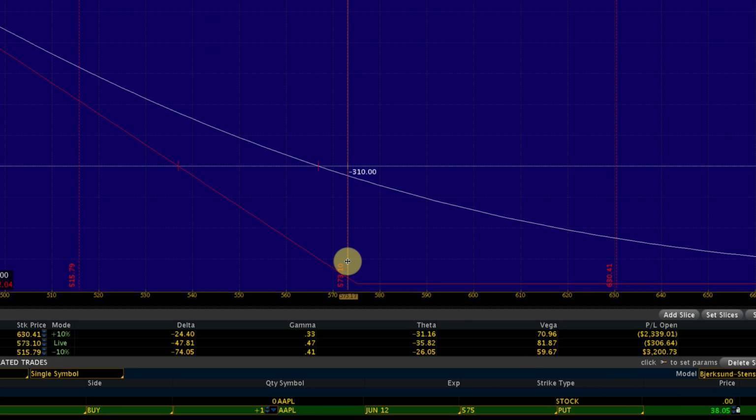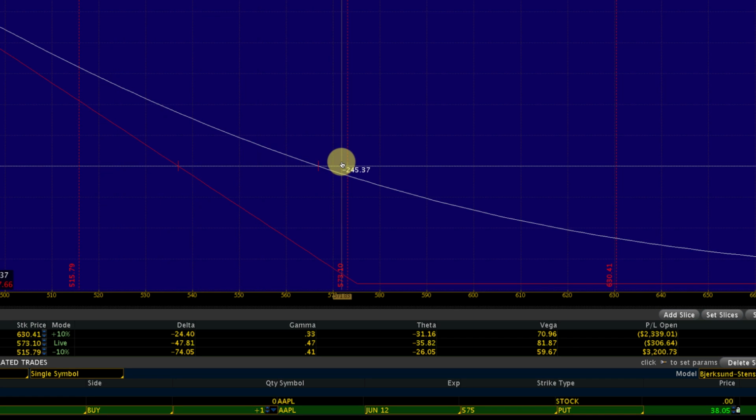So your break even is going to be 575 minus 38.05, and so that works out to about 536 or 537. So that's exactly where your break even point is, where it crosses the zero line, and anything below 537 is going to be profit for you on the day of expiry.